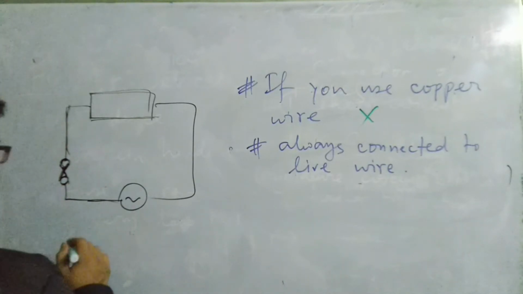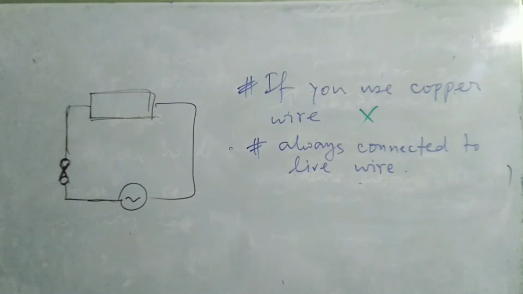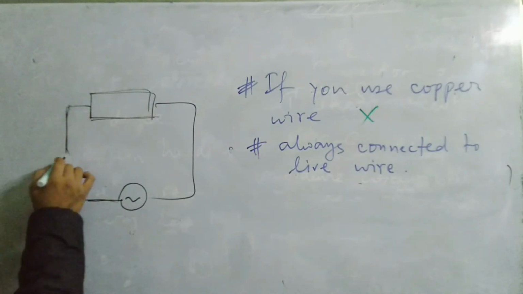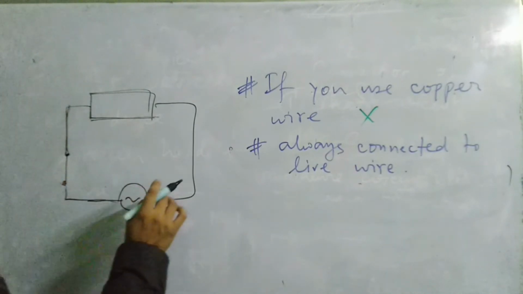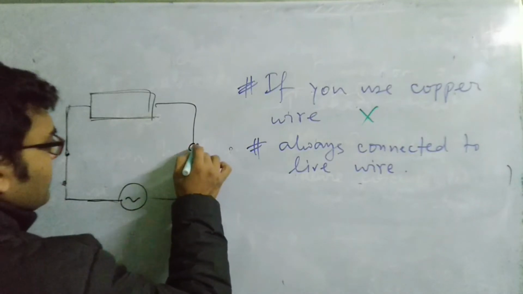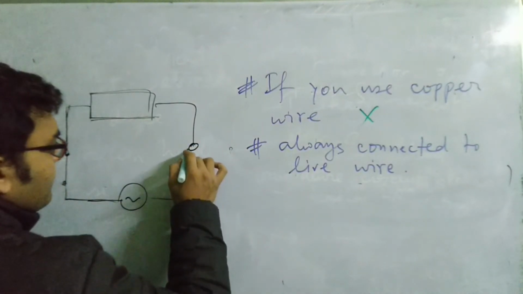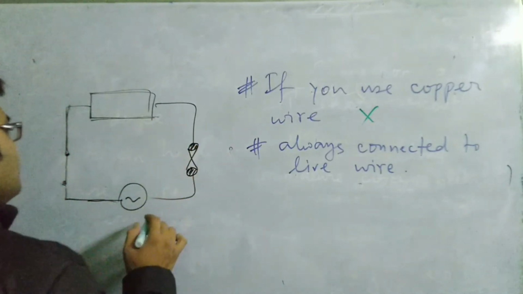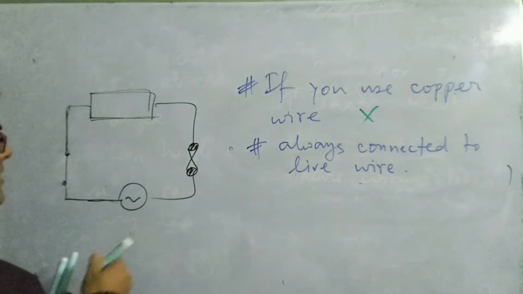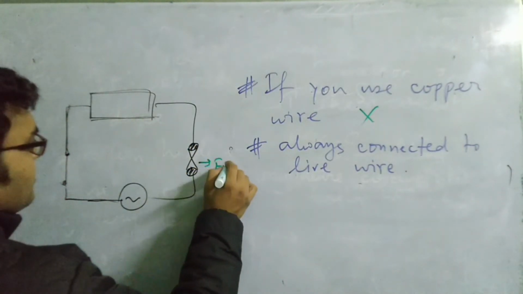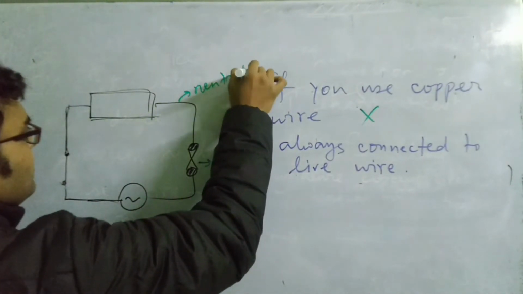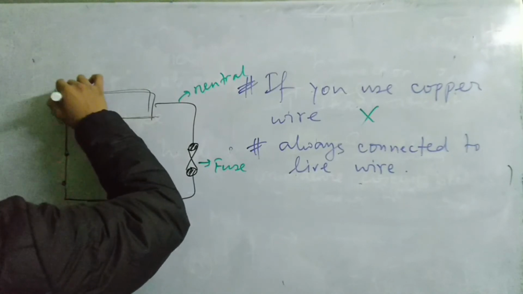Now see, what happens if you connect this fuse not to the live wire, but to the neutral wire? Just for demonstration I am showing what happens. Now see, this fuse has been connected to the neutral wire, and this is the live wire.